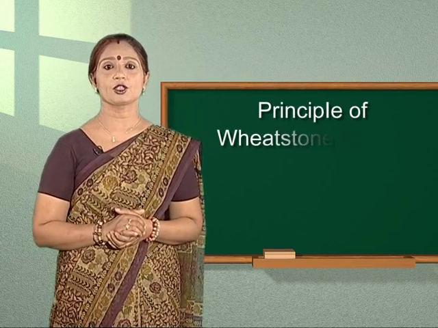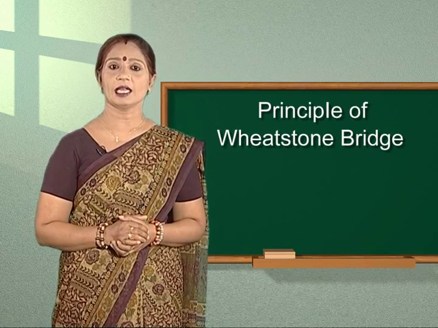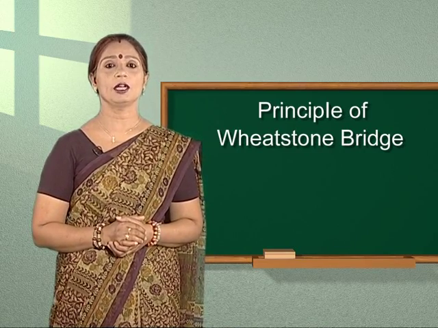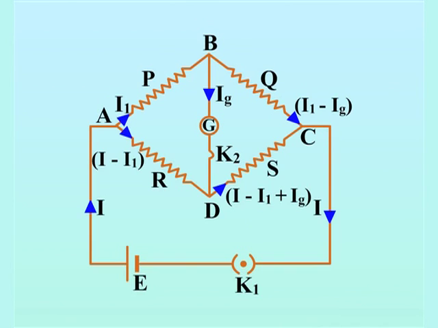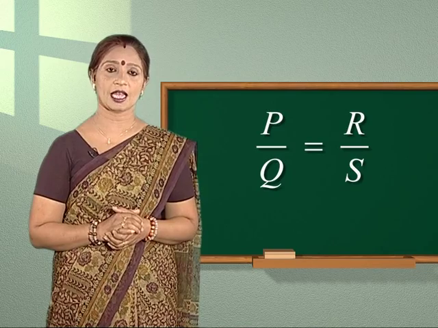The principle of Wheatstone bridge states that if four resistances P, Q, R and S are arranged to form a bridge as shown in this figure with a cell E and a one-way key K1 between the points A and C and a galvanometer G and tapping key K2 between the points B and D. On closing K1 first and K2 later on, if galvanometer shows no deflection, then bridge is balanced. In that case, P upon Q is equal to R upon S.